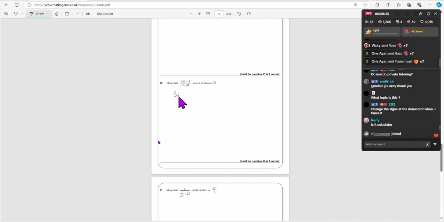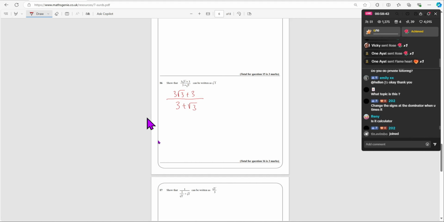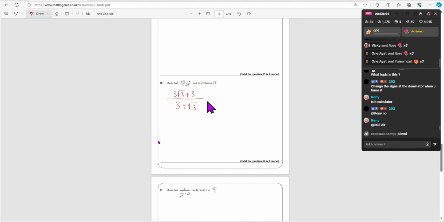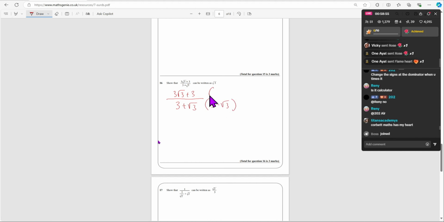We have 3 root 3 plus 3 over 3 plus root 3. The first thing we have to do is rationalize this. We're going to rationalize it by the negative, multiplying by 3 minus root 3, and doing the same to the top.